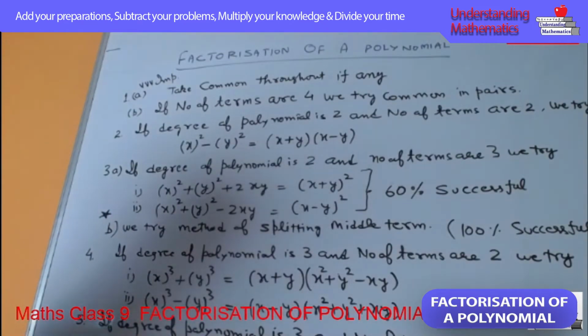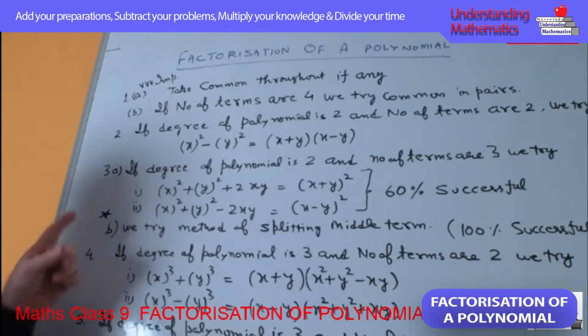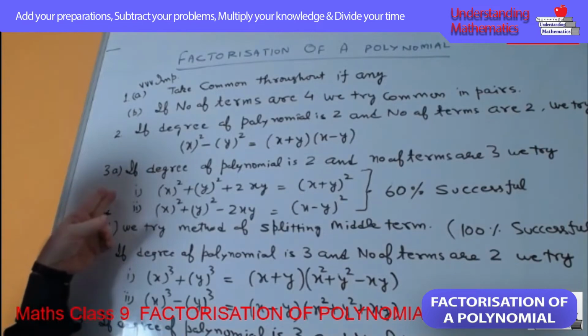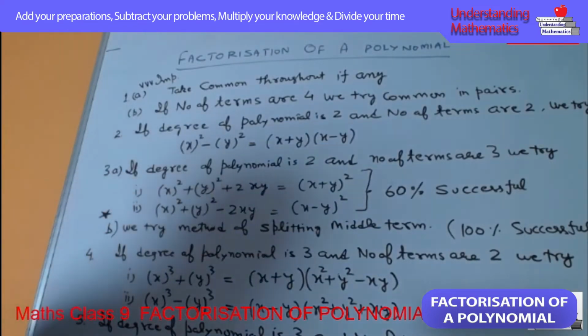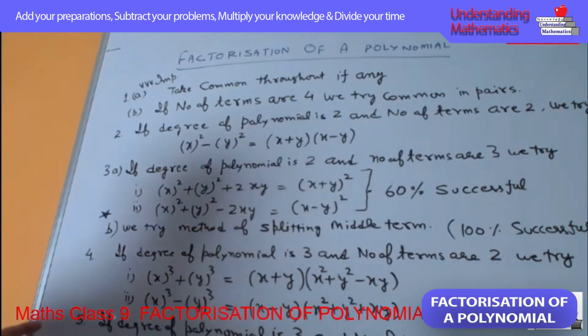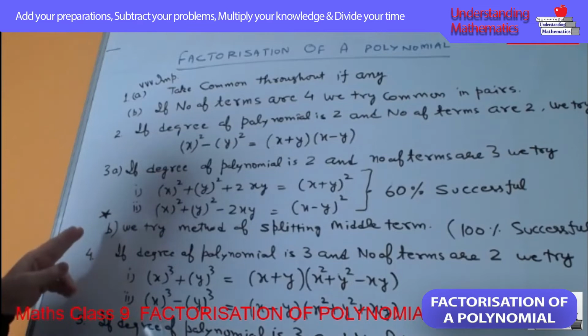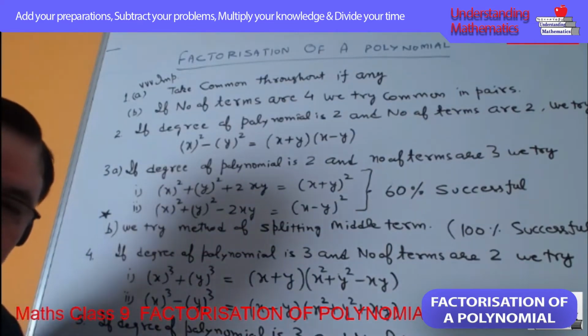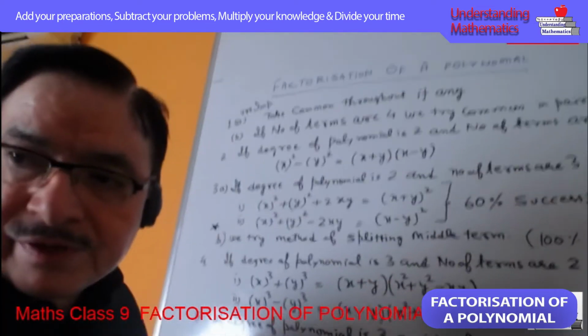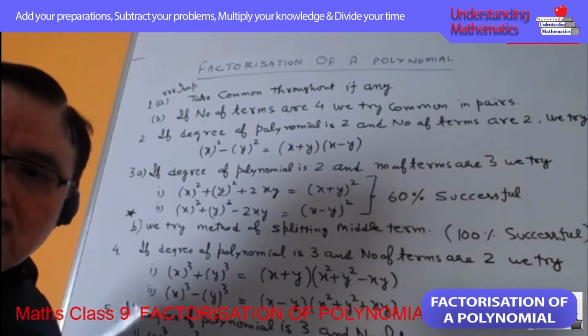So the point I would like to clear here is that the identity method is applicable only in a maximum of 60% of questions, whereas the method of splitting the middle term helps you to solve all 100%.